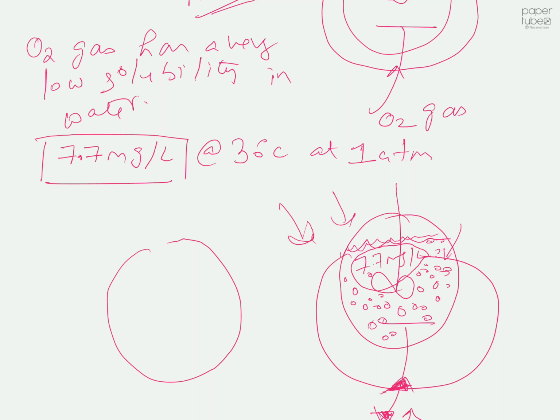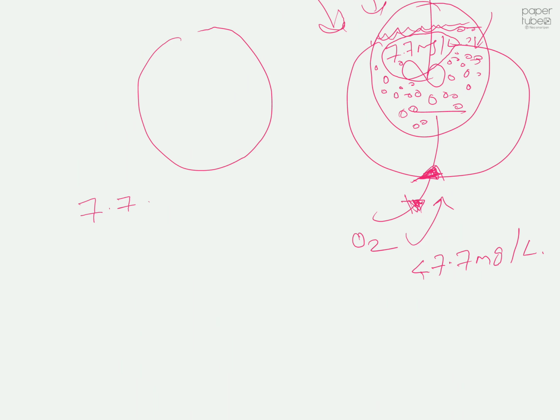As I said, you have only 7.7 milligrams per liter. That's the maximum you can dissolve in the water. And if your cell concentration exceeds some amount, they can take all this 7.7 milligrams of oxygen per liter of water.